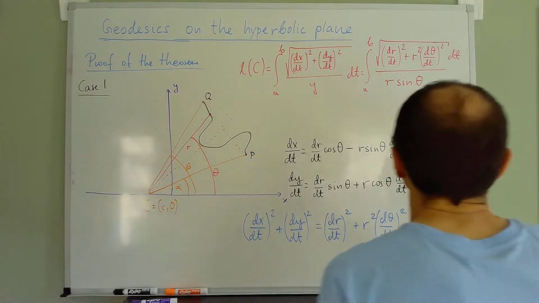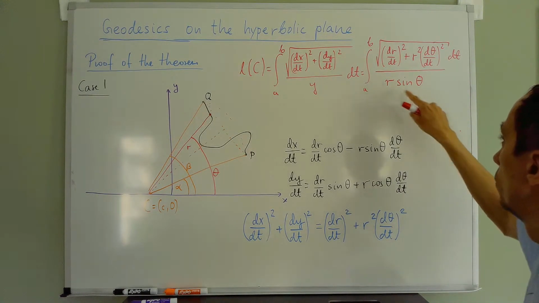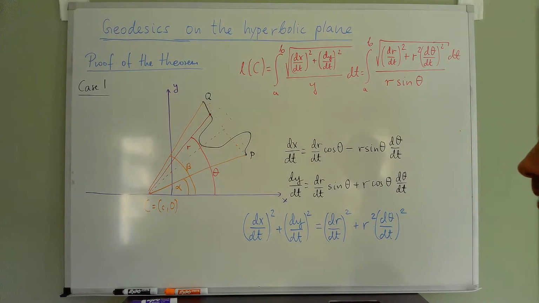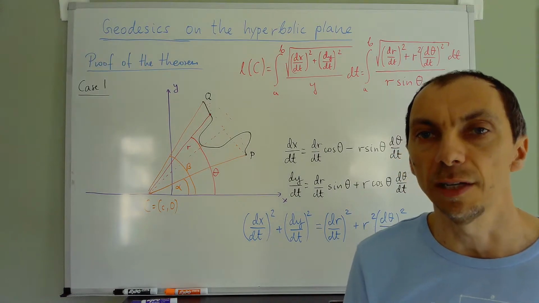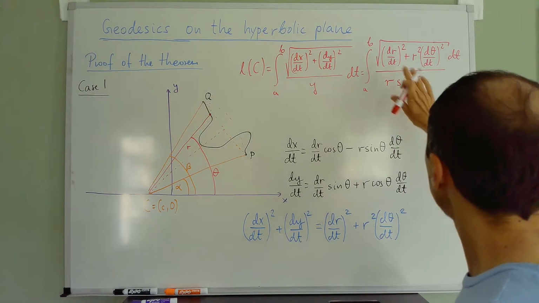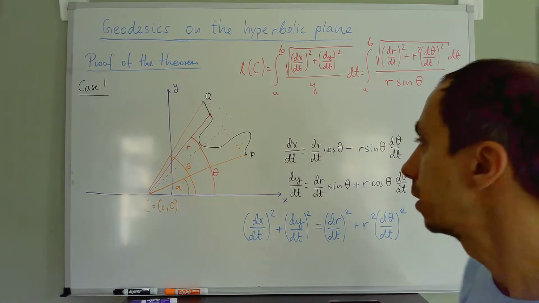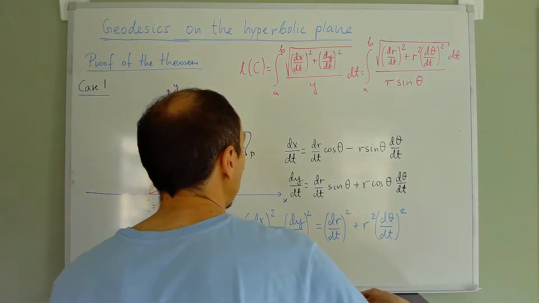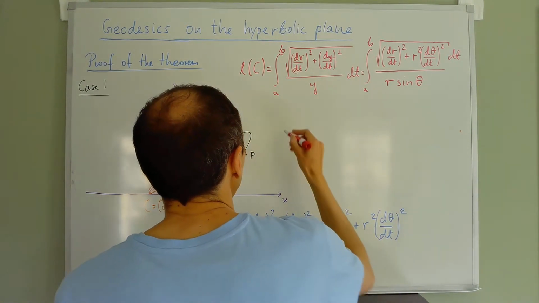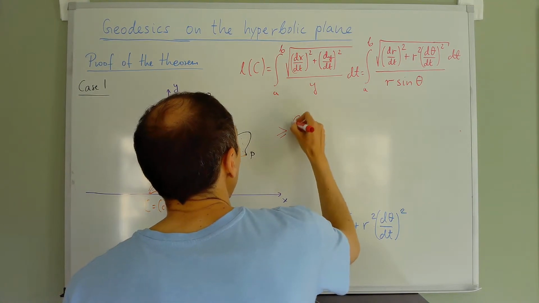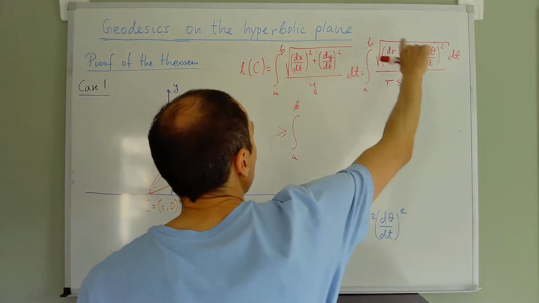Okay, so now note, just like it was in the case of a sphere, everything here is positive, including the sine theta, because my theta is between 0 and pi, and sine of angles between 0 and pi is always positive. So that means if I forget about one of these terms, I get something that is potentially smaller. So I don't need these derivatives anymore. So I get that this is greater than or equal to the integral from a to b, and I'm going to forget about this bit.